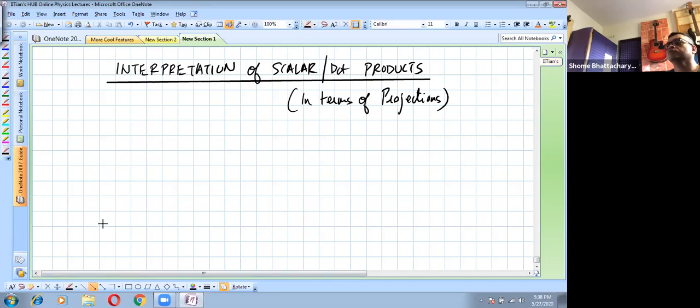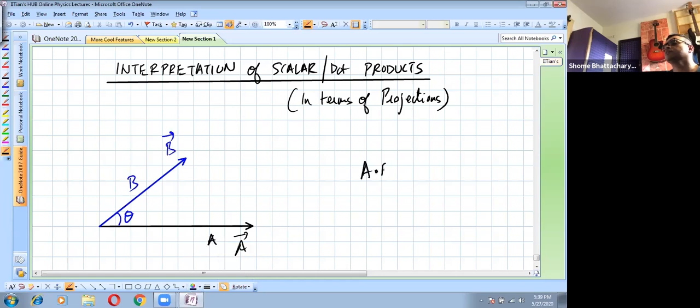In terms of projections. Okay. So suppose we have one vector which is like this, and another vector which, when we draw from the same origin as A, works out like this, and the angle between them is theta, and their magnitudes are B and A respectively. Now what is A dot B? It is AB cos theta, which we can also write as the product of these two quantities, magnitude of A into B cos theta.